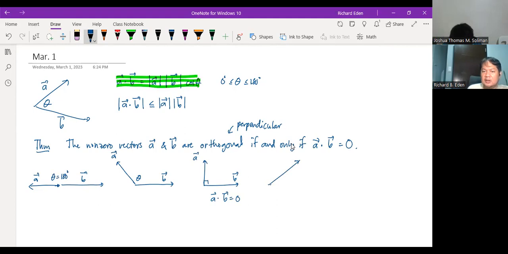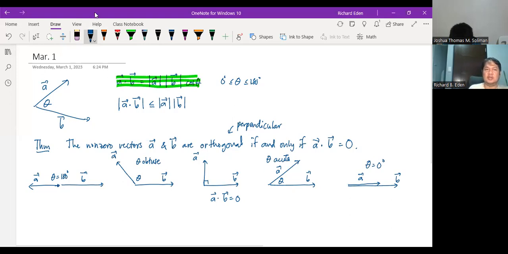Then the angle is acute, here theta is acute, vector A and vector B. And the other extreme case is that A and B are pointing in the same direction. If they're pointing in the same direction, the angle theta between them is 0 degrees.